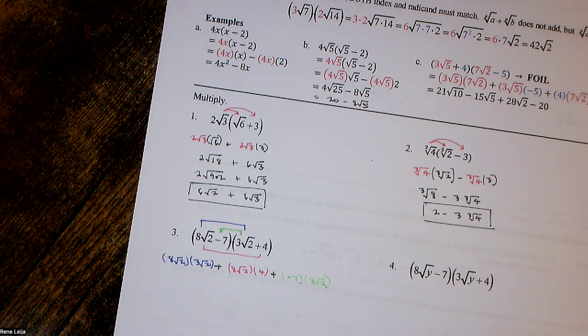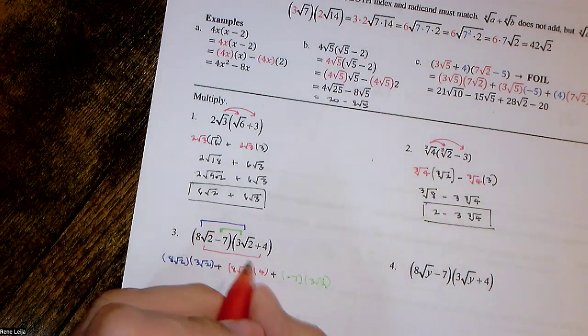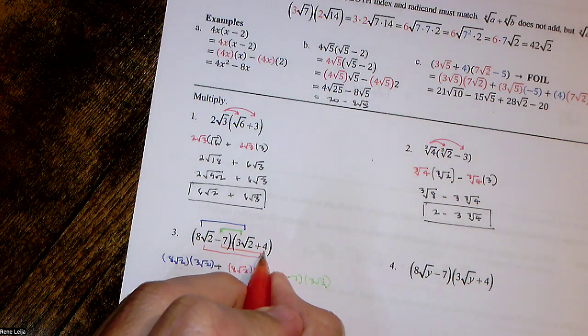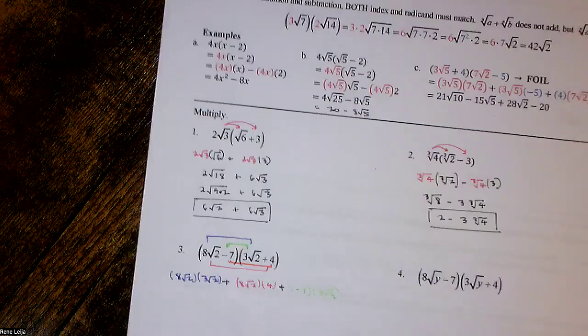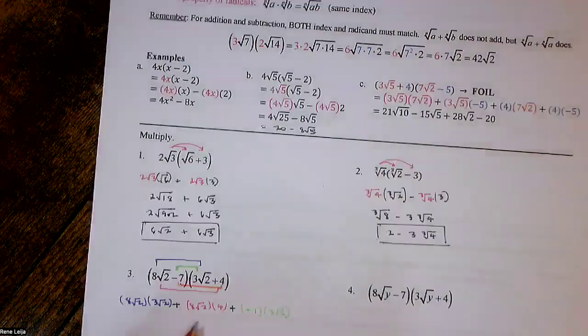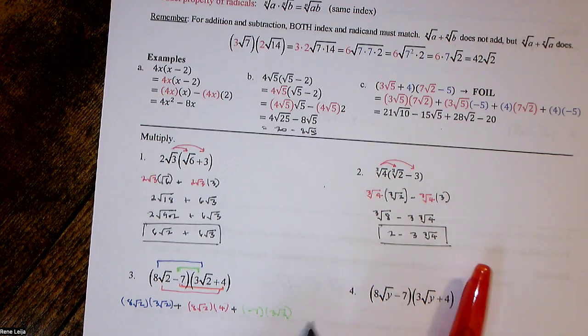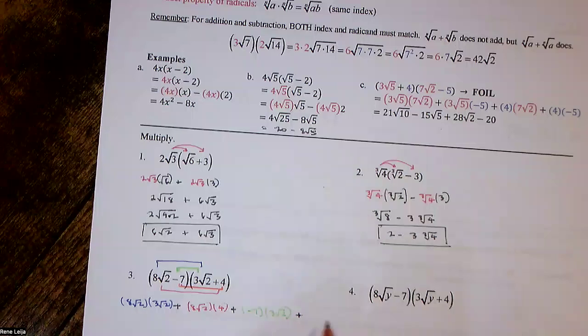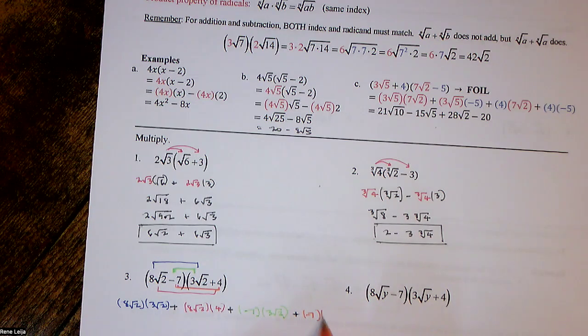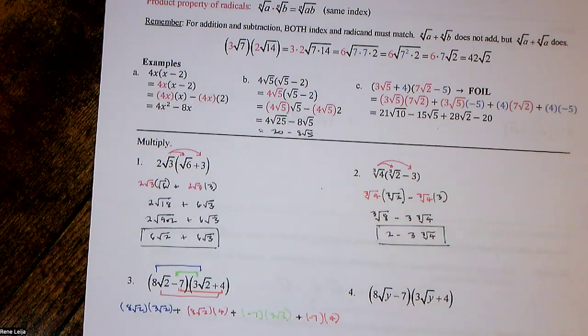So first, outer, inner, last. This is going to be plus the negative 7 times 4. Okay, and now we're going to clean up our answer.